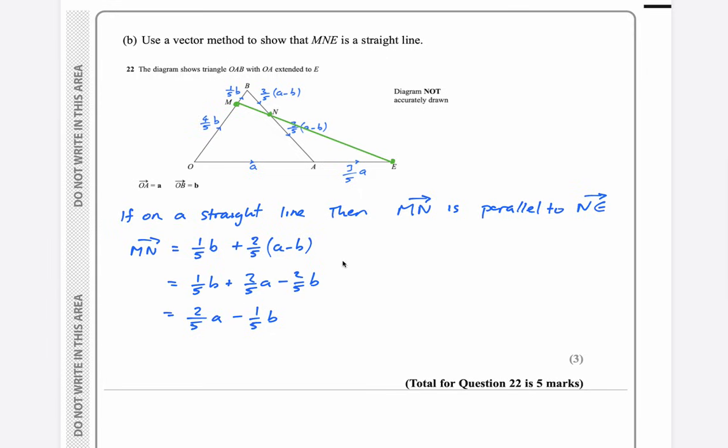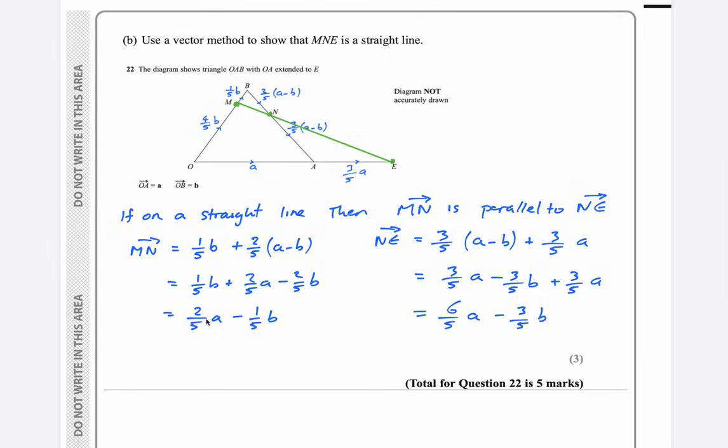So that's MN. And then NE is equal to 3/5 a minus b plus 3/5 a, which is 3/5 a minus 3/5 b plus 3/5 a. 3/5 plus 3/5 is 6/5. 6/5 a minus 3/5 b.